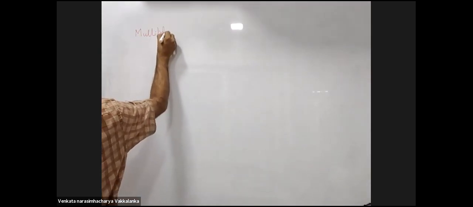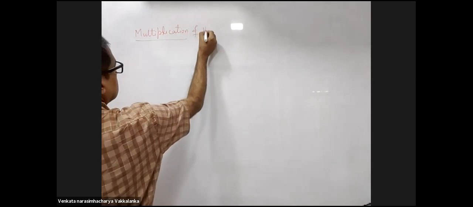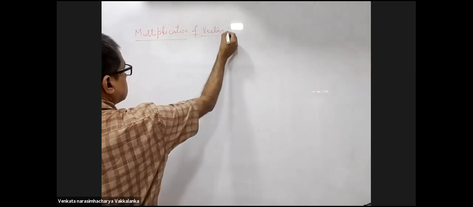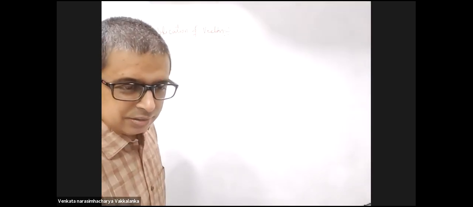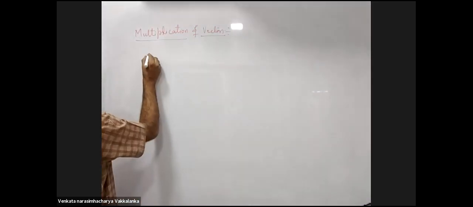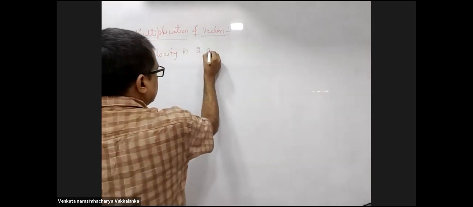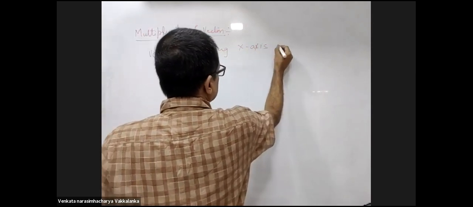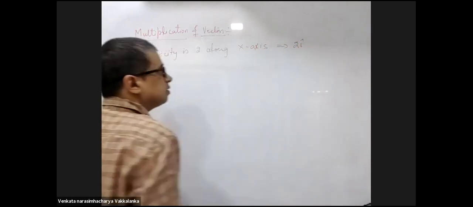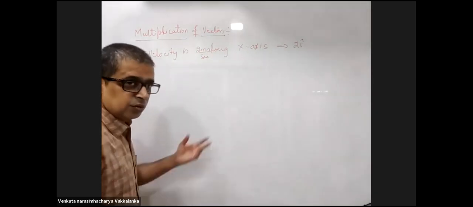There are two types of multiplications in a vector. Scalar multiplication is direct. Suppose velocity is 2 meters per second along x-axis. That means you write 2 times I cap.